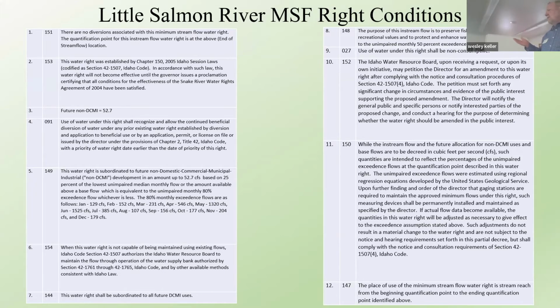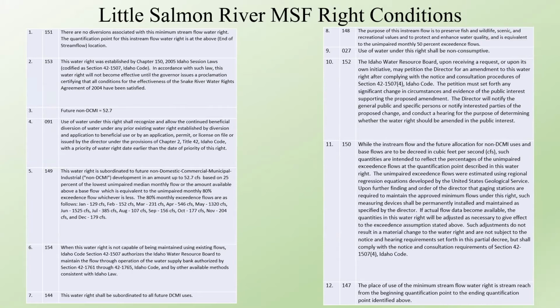This water right is subordinate to future non-domestic commercial, municipal, and industrial developments in the amount of up to 52.7 CFS, based on 25% of the lowest unimpaired median monthly flow or amount available above a base flow, which is equivalent to the unimpaired monthly 80% exceedance flow, whichever is less. And then it goes on to these exceedance flows, which are exactly what we outlined up above.